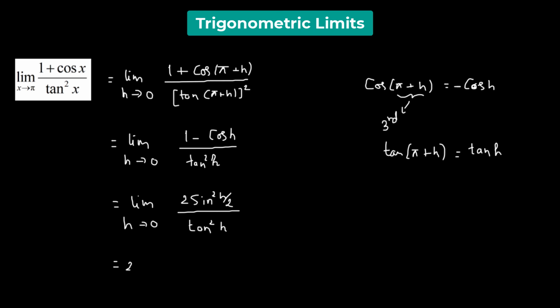So which is equal to 2 times the limit h tending to 0 of sine squared h over 2. So we're going to divide by h squared. That means we'll also have to multiply by h squared divided by tangent squared h.